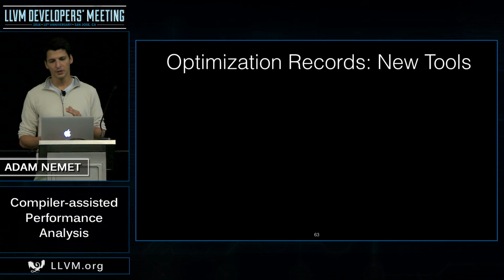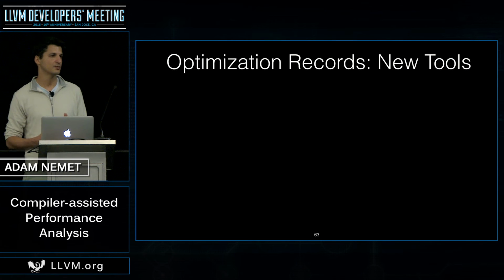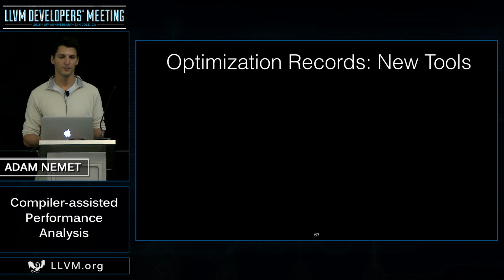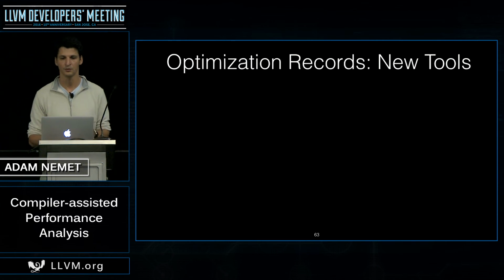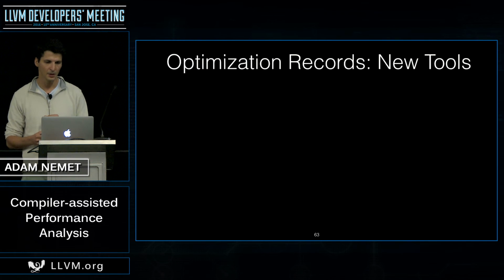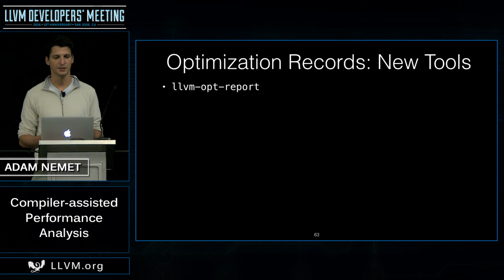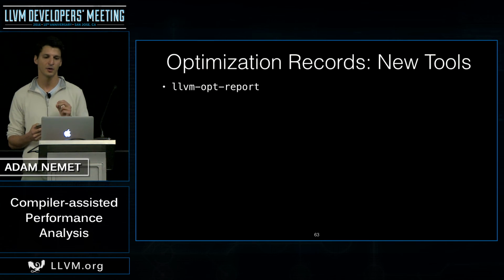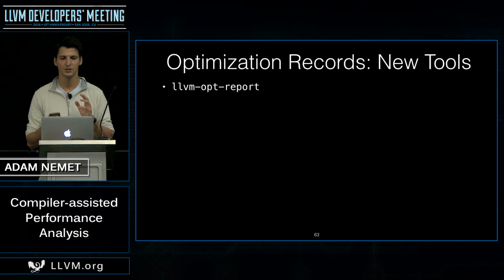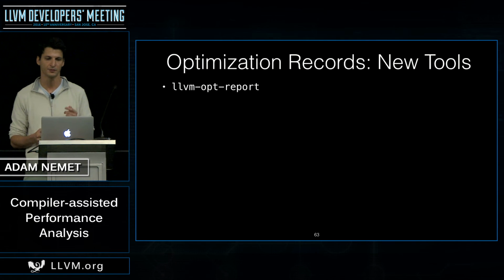Now, moving on to the ideas about new tools that we can build on top of optimization records, aside from the optimization viewer tool. There's actually already one tool that's done. Hal Finkel added an llvm-opt-report tool, which prepares listings for the source files with inlining and certain optimizations that happen. So effectively a simplified text version of this tool.